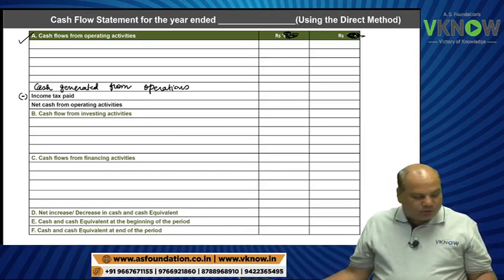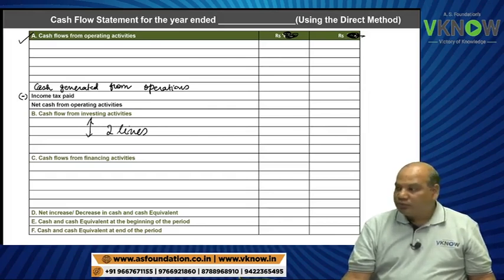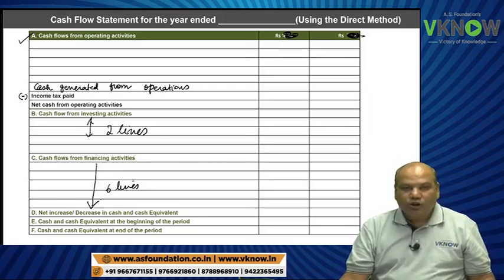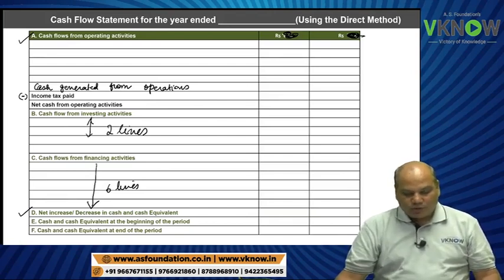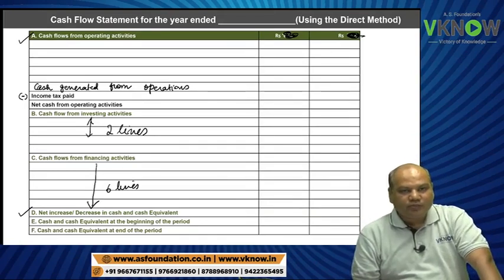Point number B, cash flow from investing activities. Keep 2 lines blank. Then cash flow from financing activities, keep 6 lines blank. Point number D, net increase or decrease in cash and cash equivalent.